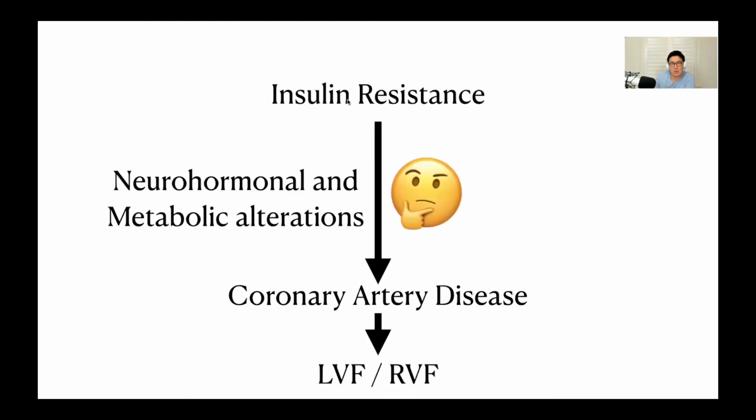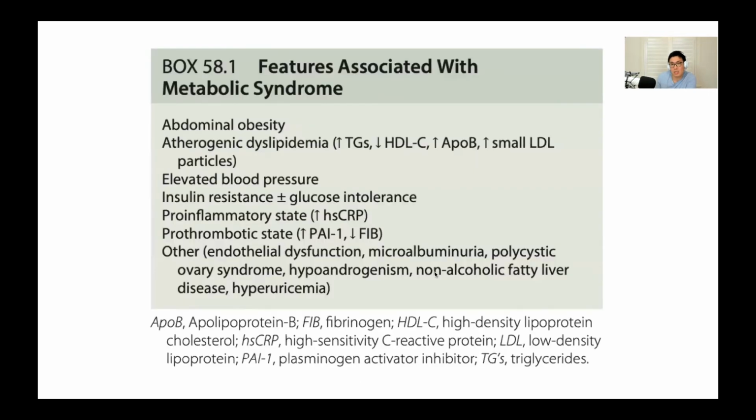And so my thought was, how do I get the idea of insulin resistance to coronary artery disease? And I think the way to do that is to think about the neurohumoral and metabolic alterations that occur between here and here. And what are these neurohumoral and metabolic alterations that come from insulin resistance that lead to coronary artery disease that ultimately can lead to left ventricular or right ventricular failure? Well, this is where Miller's comes in.